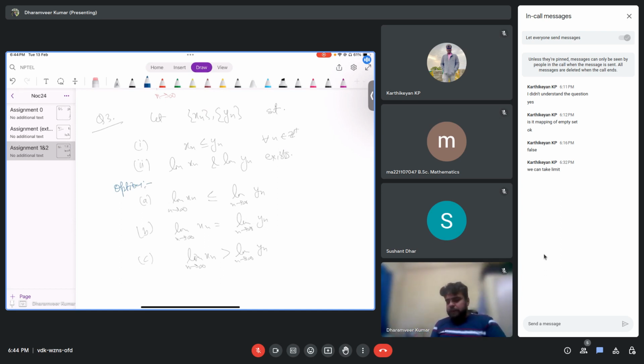Which of them is possible? Multiple options can be correct. It's not a single answer question. Which of them are possible?